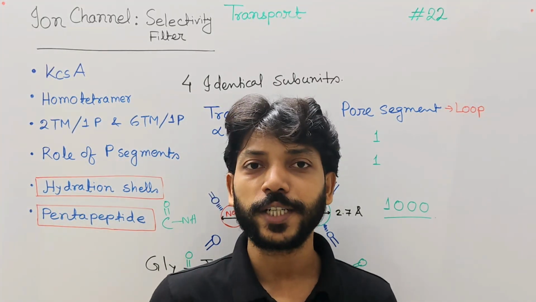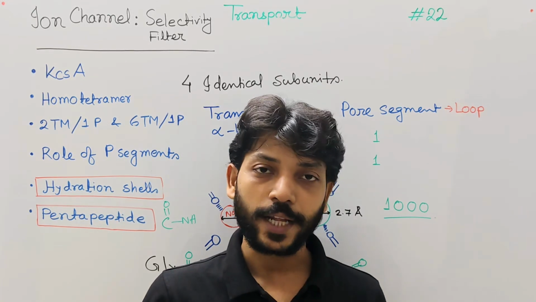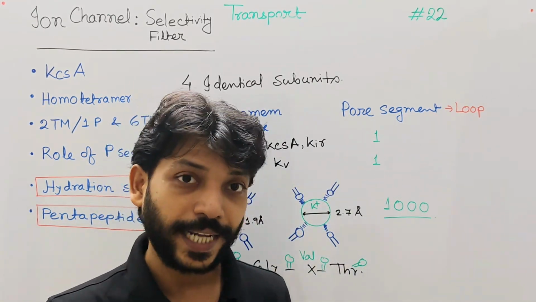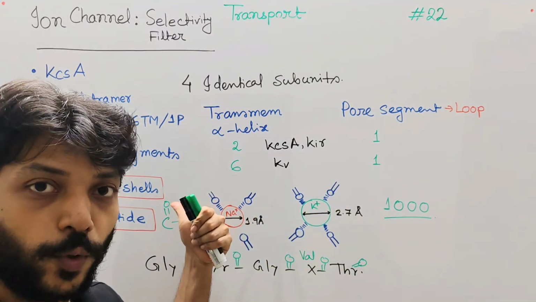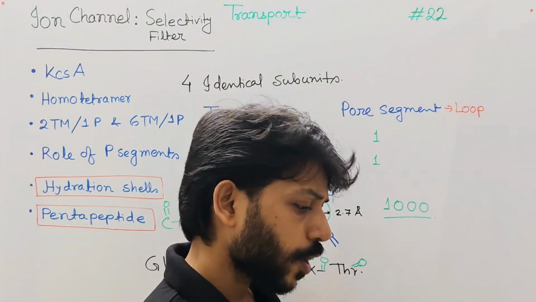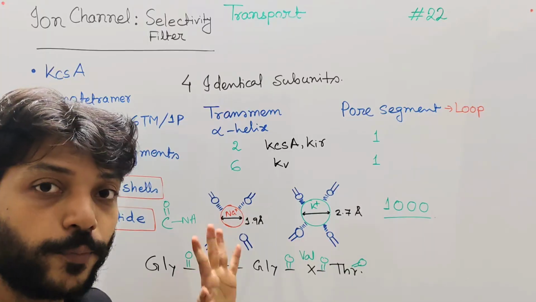The same argument is true for calcium ions, because calcium is also smaller in diameter, and as calcium contains 2 positive charges, it makes a tighter, stronger bond with water oxygens than sodium. So it will not enter inside, and the geometrical problem is present for calcium.